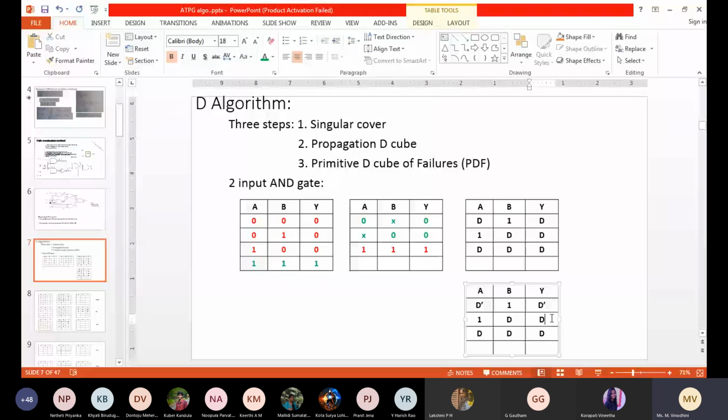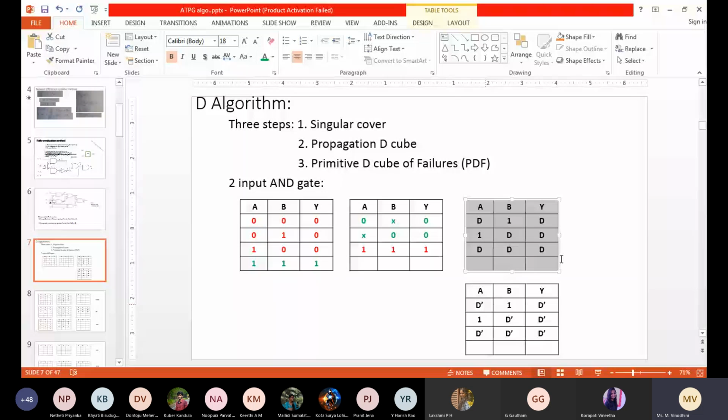Wherever you have D, change it to D bar. Wherever you have a D bar, change it to D. That's it. 1 and 0 keep as such. This is also known as the propagation D cube table for a 2-input AND gate.